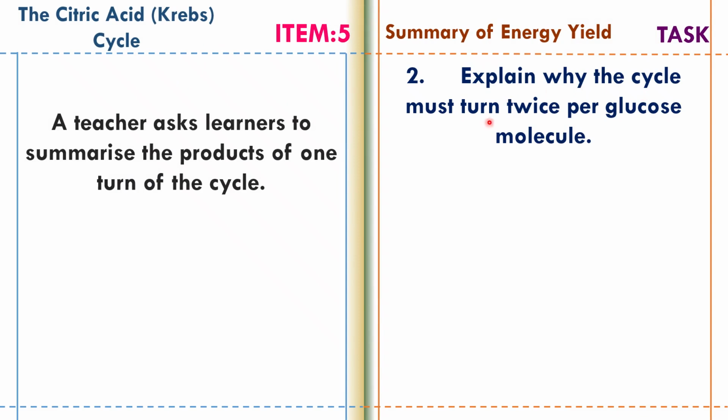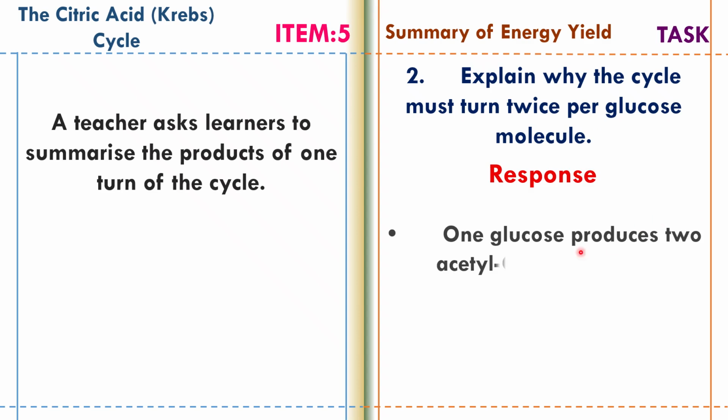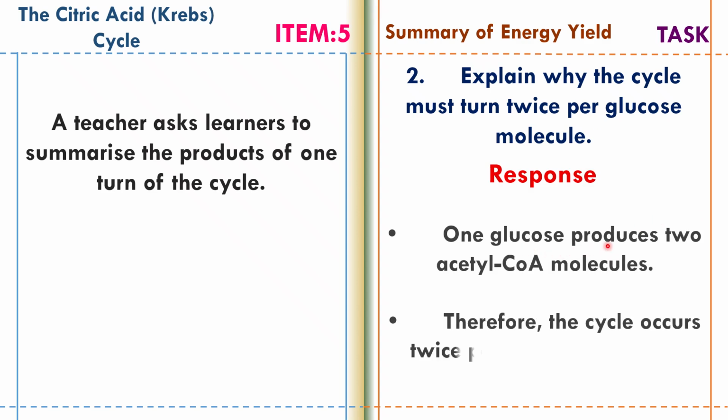Explain why the cycle must turn twice per glucose molecule. 1 glucose molecule produces 2 acetyl-CoA molecules. Therefore, the cycle occurs twice per glucose molecule.